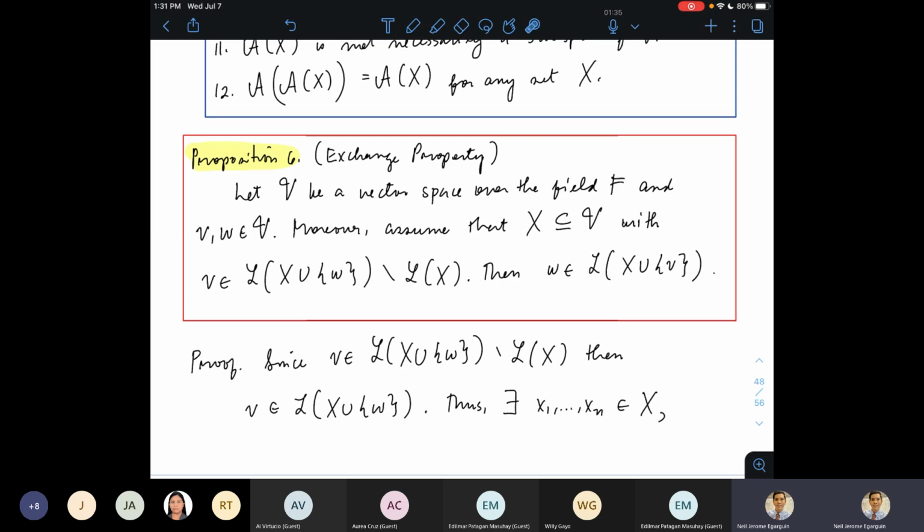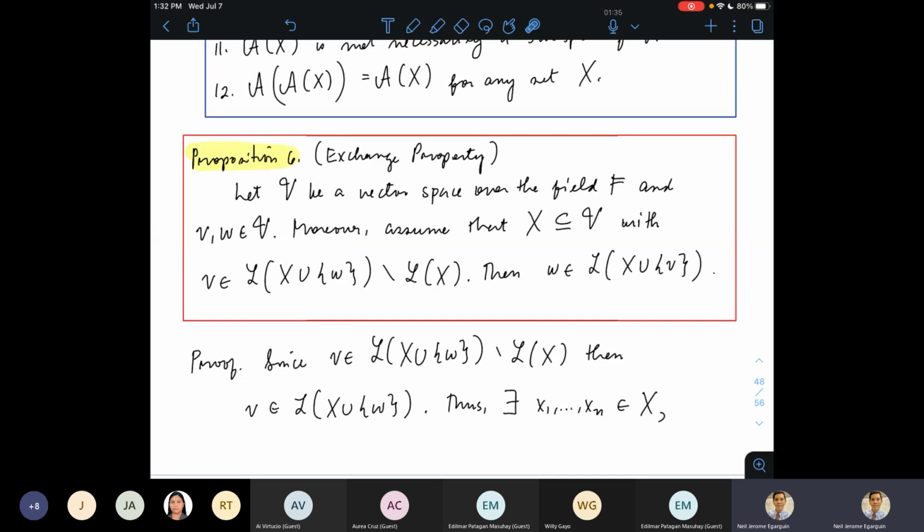let's see why. Okay, this statement is saying that V cannot be generated by elements of X alone without W, right? Because V cannot be generated by the elements of X alone. That is why V is in the set of all linear combinations coming from the set X union W, but it is not in the set of all linear combinations of elements of X alone.